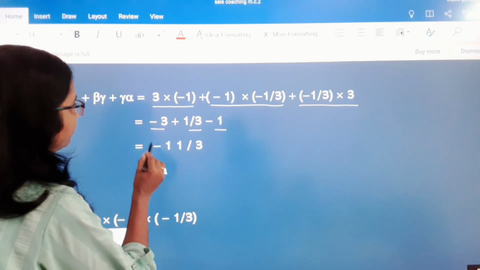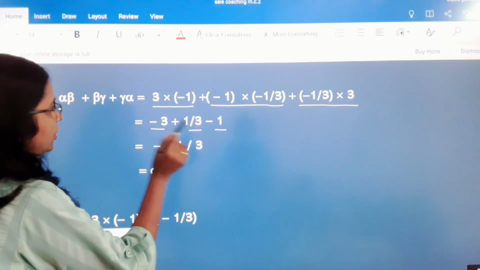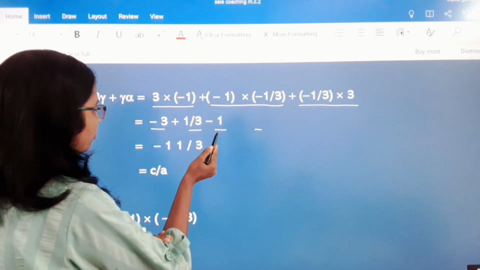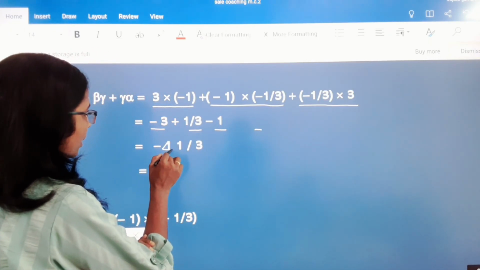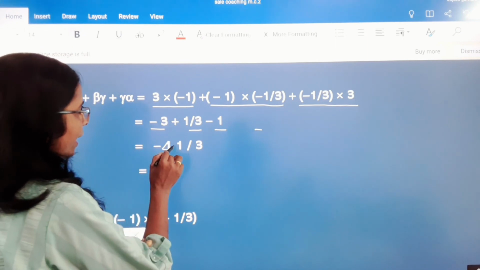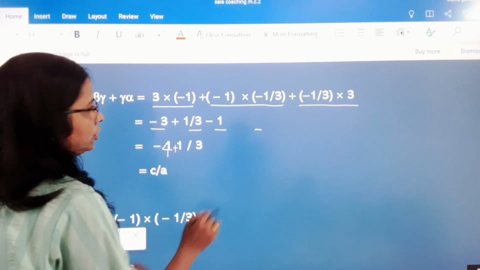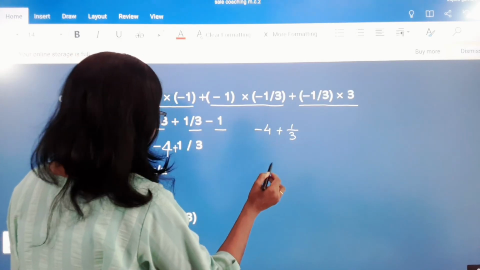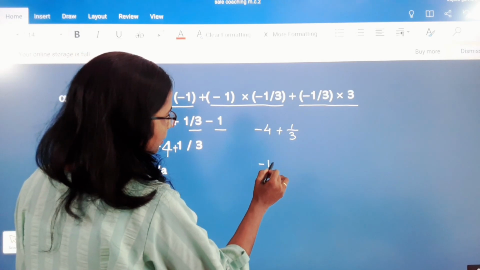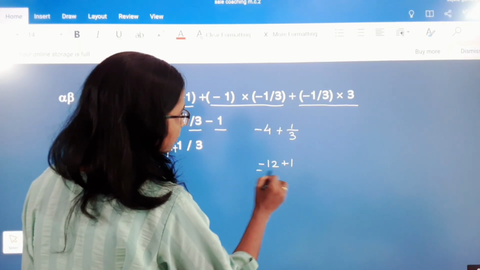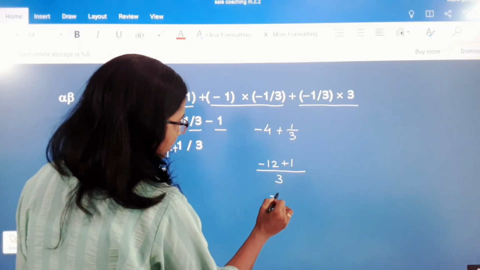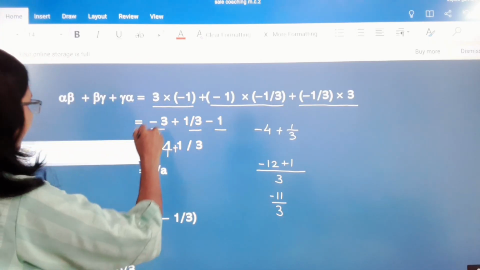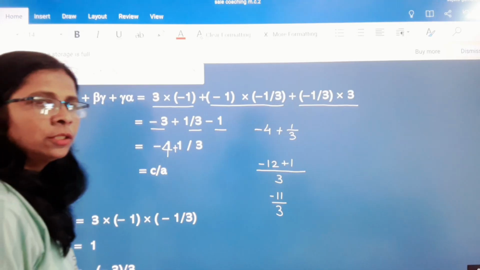So that means -3 minus 1, which is equal to -4, and then add 1 upon 3. So -4 plus 1 upon 3 means -12 plus 1 upon 3, that means -11 upon 3.